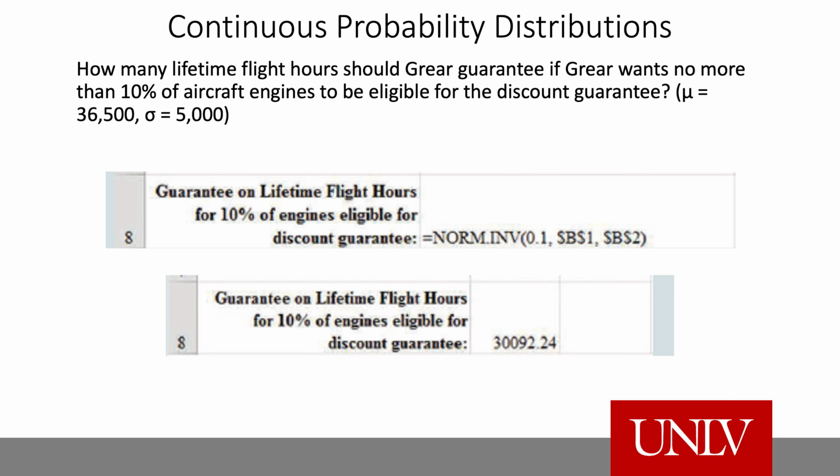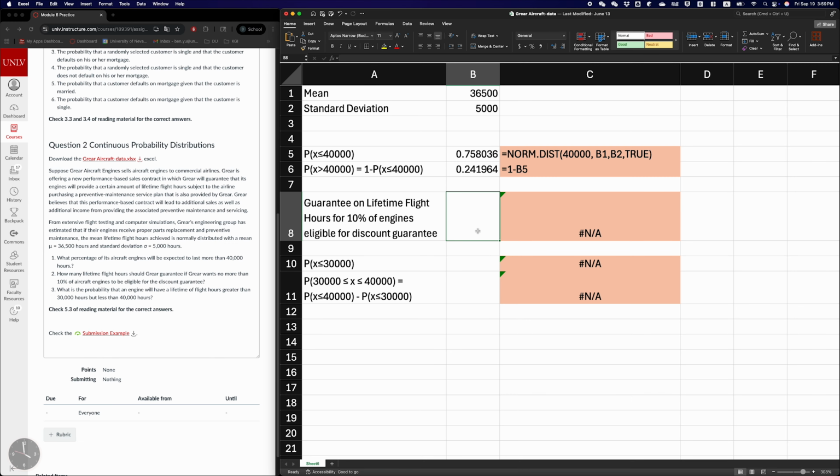So to find the appropriate value using Excel, we can use the function NORM.INV. The INV function has three input values. The first is the probability of interest, the second is the mean, and the third is the standard deviation. So in cell B8, we can use this function where the mean and standard deviation are provided.